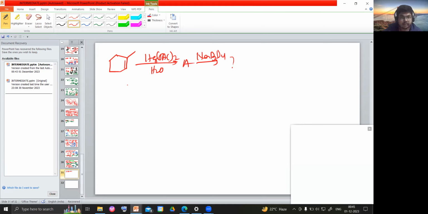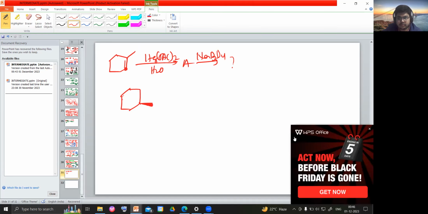You can try. First it is anti-addition, and mercury is going to attach to the more electron rich center. This center is more electron rich because the methyl group will push the electrons by plus H effect. So this center will get HgOAc, suppose above the plane.